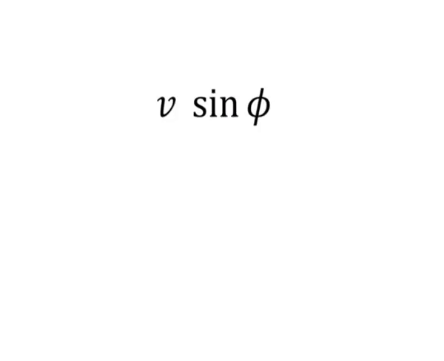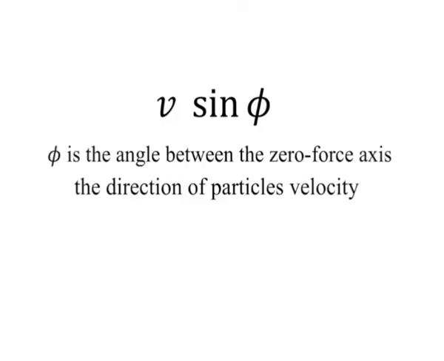After many such trials, we would find that when the particle's velocity is along a particular axis through the point, the magnetic force is zero. For all other directions of the particle's velocity, the magnitude of magnetic force is always proportional to v sin φ, where φ is the angle between the zero force axis and the direction of the particle's velocity.